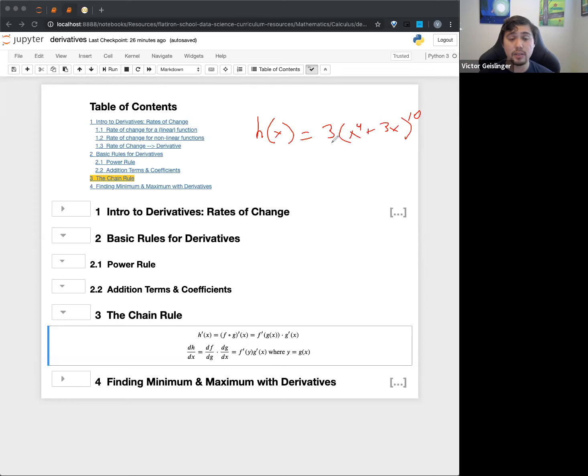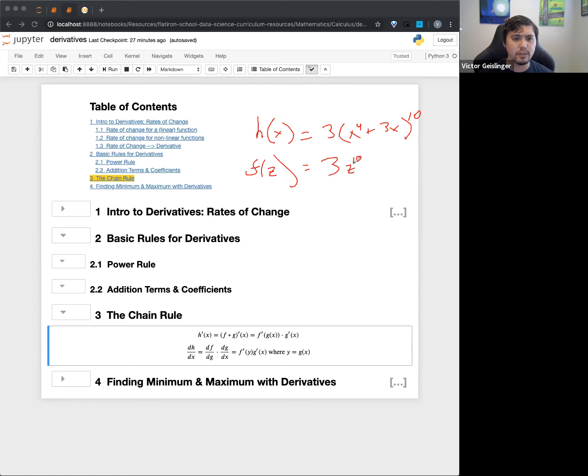But what is nice, you can say, wait a second, this h of x looks a lot like something else. Let's say f of x here, or I'll put f of z just to make it different. So if f of z is defined as 3 times z to the power of 10, well, that's a lot like saying, whatever this function is, put it in for z and we get the same thing, right?